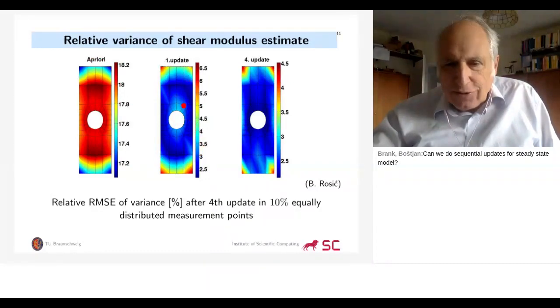There's still in the corners here 6. And after the first update, the worst is 4%, and down here it's around 2%. So the variance goes down from 20% to less than 2%. So this is how well we can approximate or identify a whole random field.